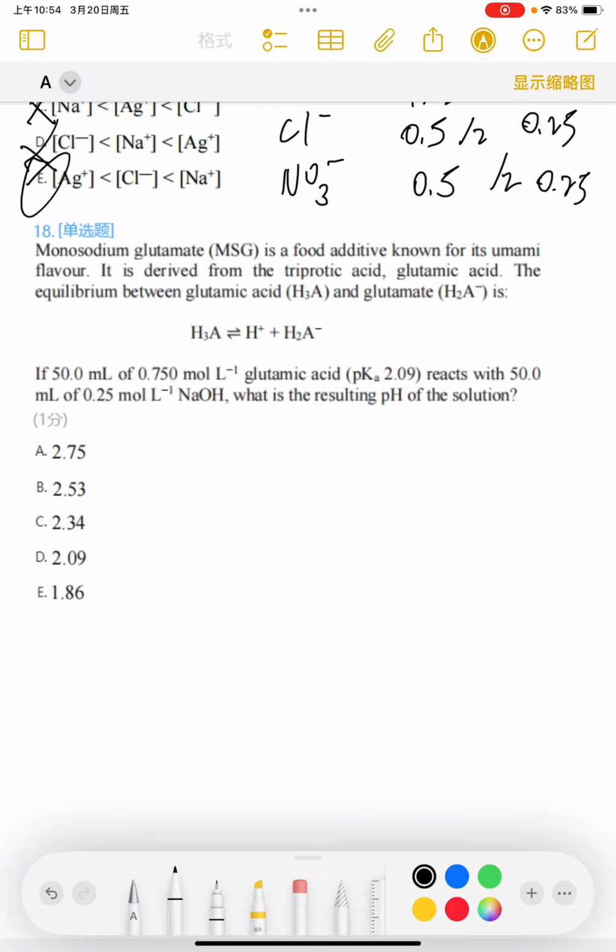Okay, question number 18. We're given that they added this much acid and it reacts with this much base. So what is the resulting pH?